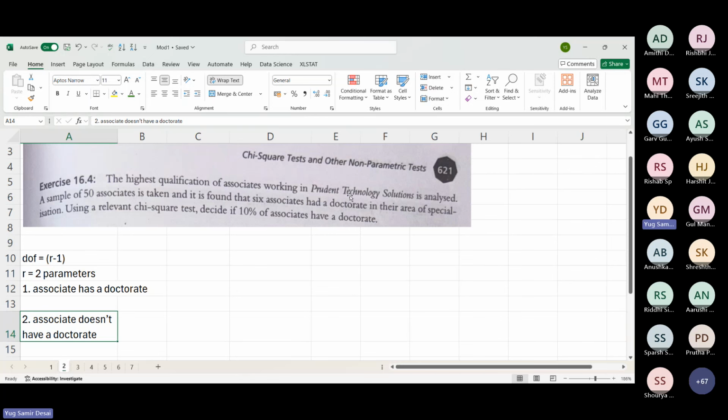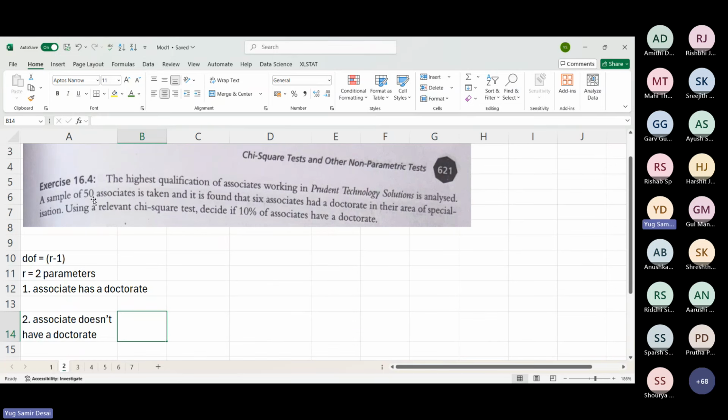So here it was found out that 6 associates had a doctorate. That would be your first observed value. And the remaining of the 50 sample associates would be the second observed category, O2, the associates who don't have a doctorate.